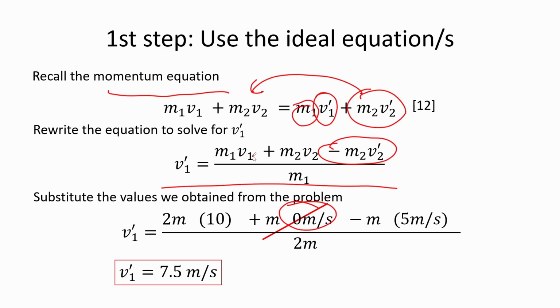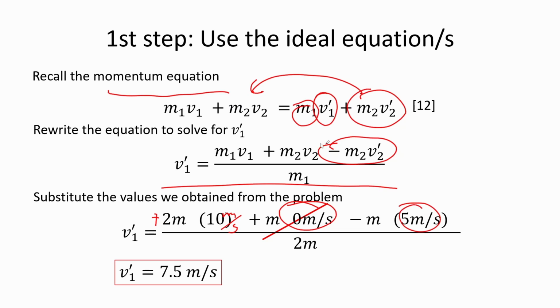Your 2m has a speed of 10 meters per second. Then, this one is of course moving in the positive direction. Okay, positive x. And this second mass after collision is still moving in the positive direction, but it's moving lower, so you have 5 meters per second.